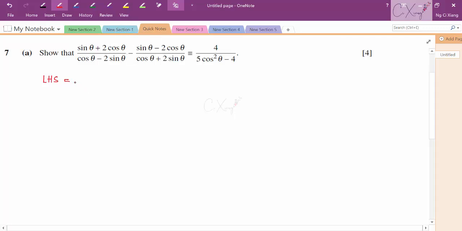The very first step we need to do is very obvious. We have to combine these two fractions into one, because we have only one fraction on the right, correct or not? So when we combine them, we multiply the denominators together, which is cos theta minus 2 sine theta, cos theta plus 2 sine theta.